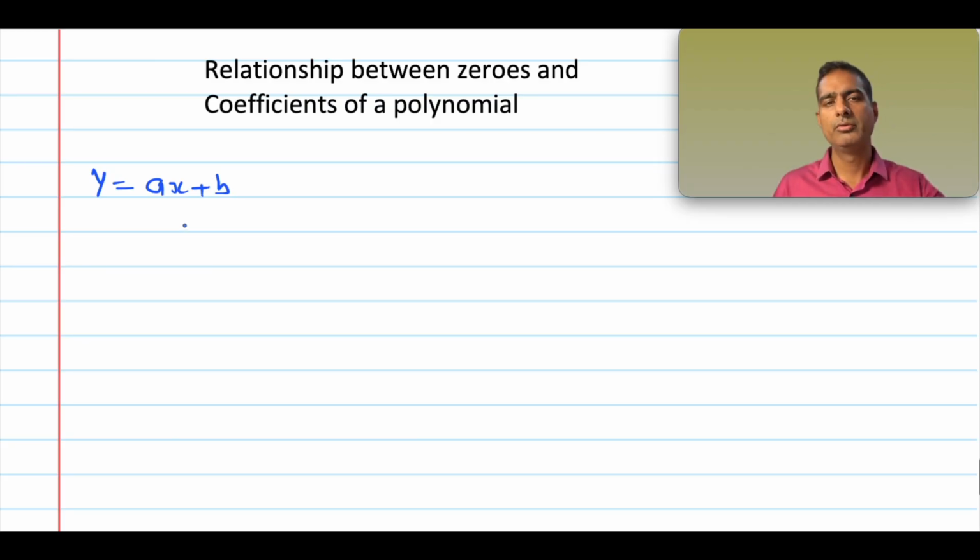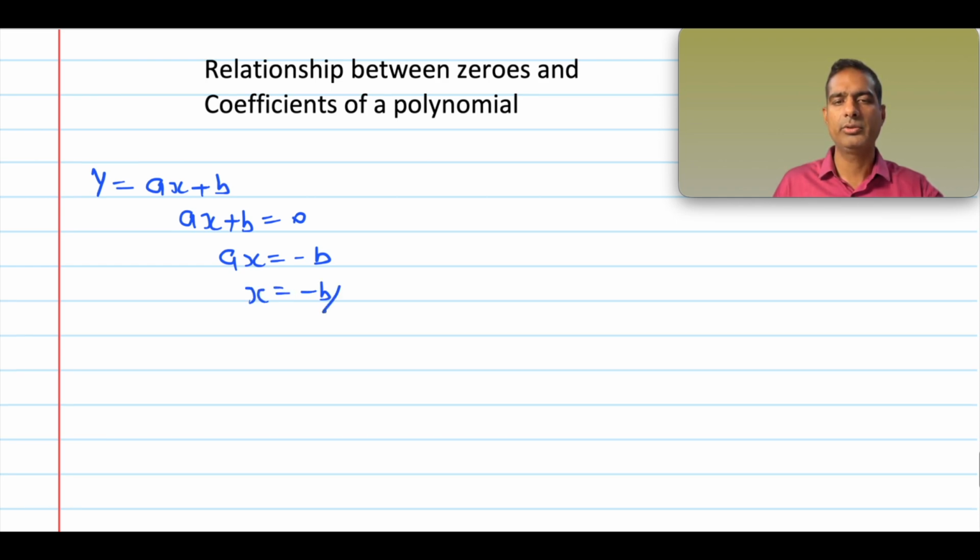What we do is equate the right hand side of that polynomial to 0: ax plus b is equal to 0. Now let us shift the constant term b to the right hand side. So we get ax is equal to negative b, and if we divide by a on both the sides, we get x is equal to negative b by a. So this is the relationship between the zero of a linear polynomial and its coefficients.